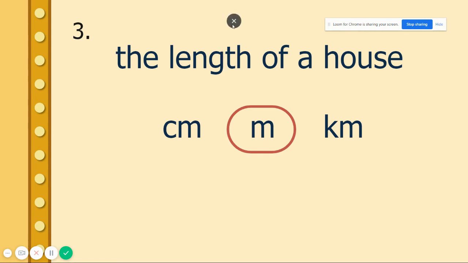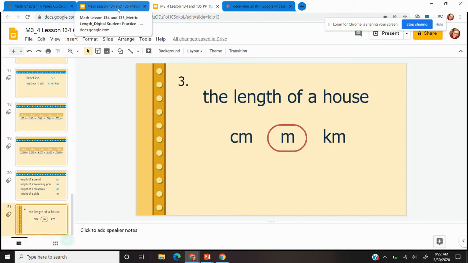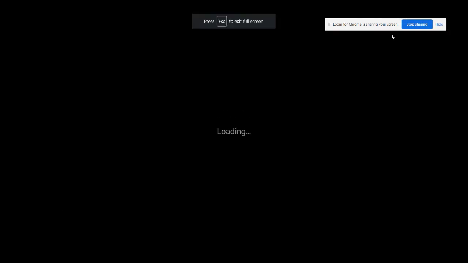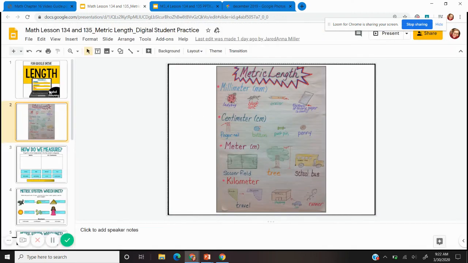Right, so let's jump into our work that we have today for our practice. Something that I'm really excited about is that there are no paper worksheets this week in our practice math. No paper worksheets. I've made everything digital.